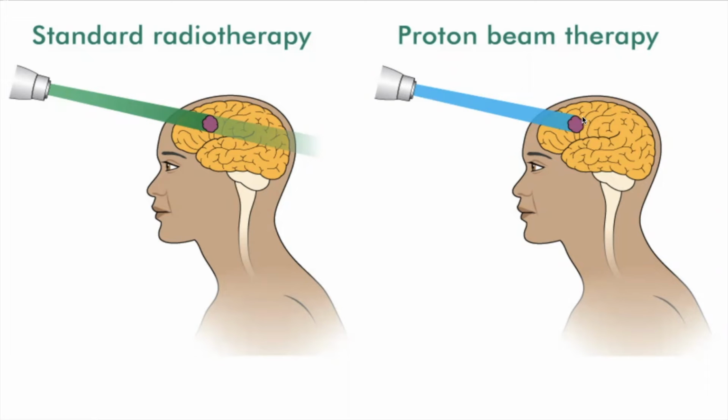Now, at the tumor site or in the body in general, you have cells. Cells are composed of a nucleus. And in the nucleus, you have protons and neutrons. Protons are positively charged while neutrons are neutral. And you have electrons that orbit the nucleus itself.